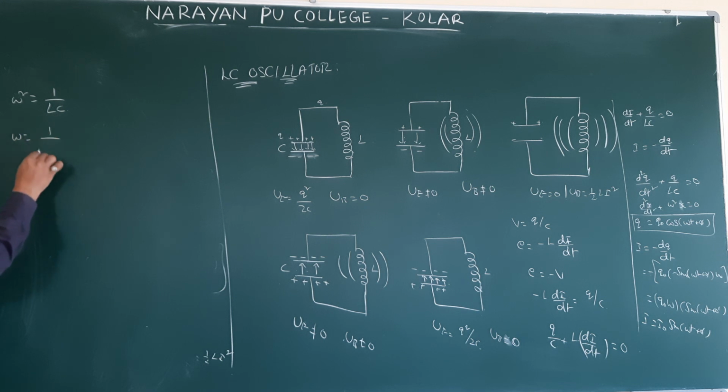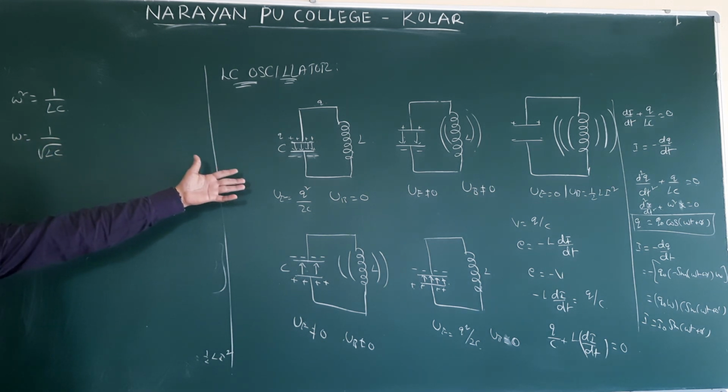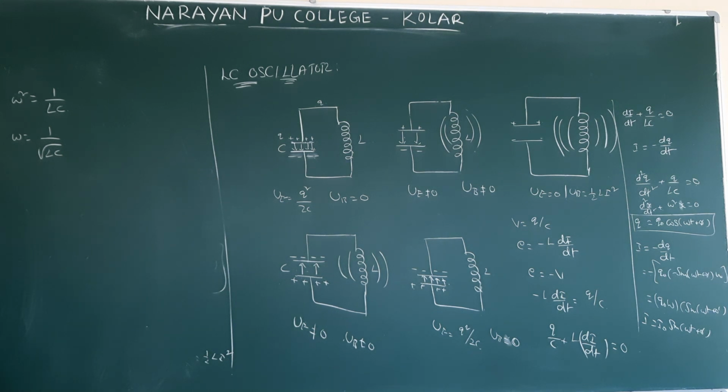Then omega is 1 by root LC. What can we do? Time period of this LC oscillator. Actually that is not there in our book. Just I am giving: omega is nothing but 2 pi by T is equal to 1 by root LC. And T is equal to, what will you be getting? T is equal to 2 pi root LC. This is the time period of this oscillator.